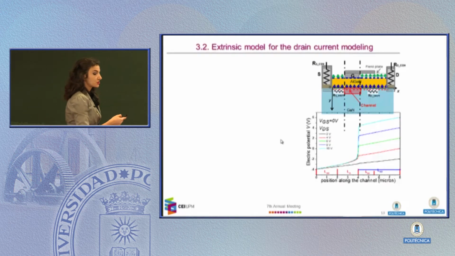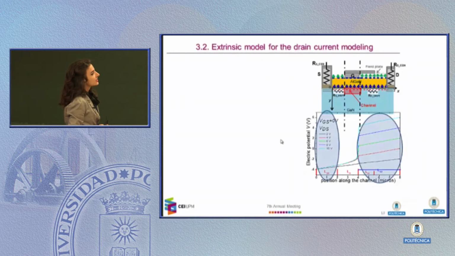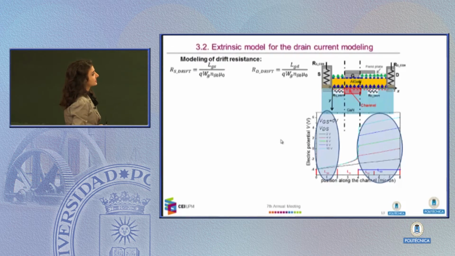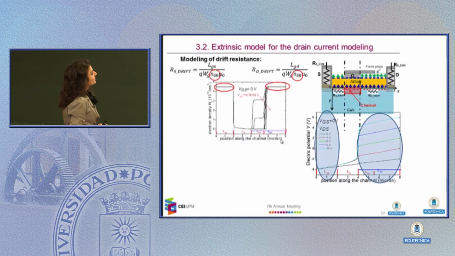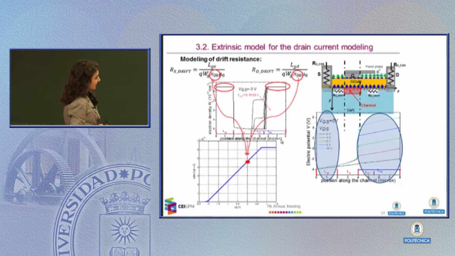Thanks to our colleague Ashu Wang from the ISOM Institute, who simulated the electric potential distribution along the channel, where we clearly saw, for different drain voltages, a constant voltage drop and modeled this drift resistance. In the model for drift resistance, the 2D gas value that was used, that occurs here in the drift areas, is the value for the 2D gas when the gate voltage is 0.